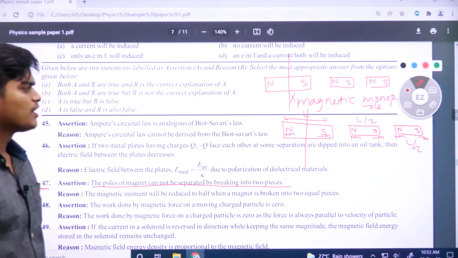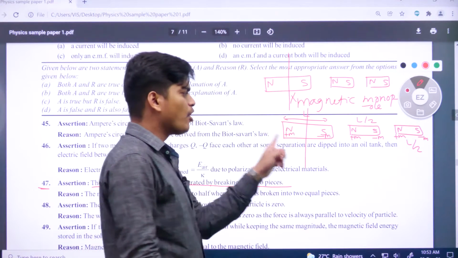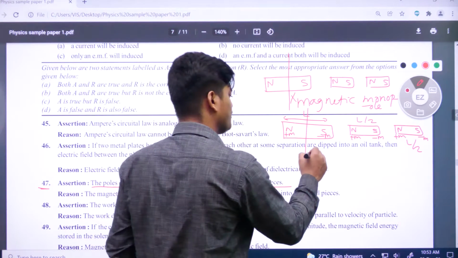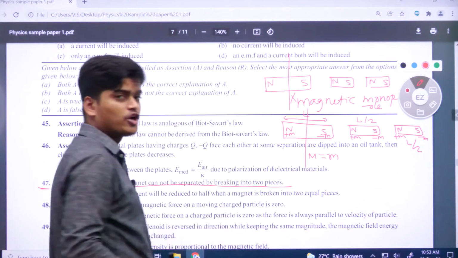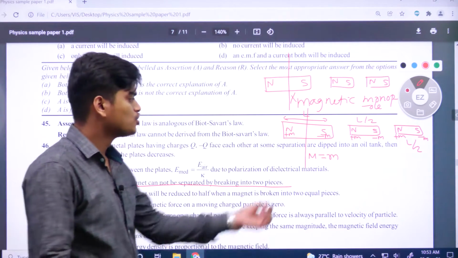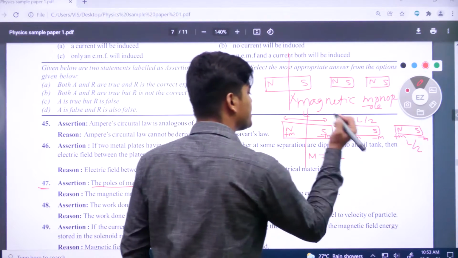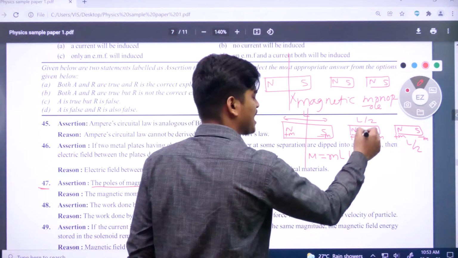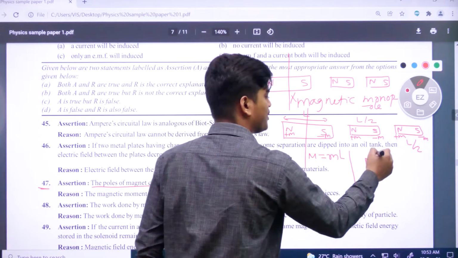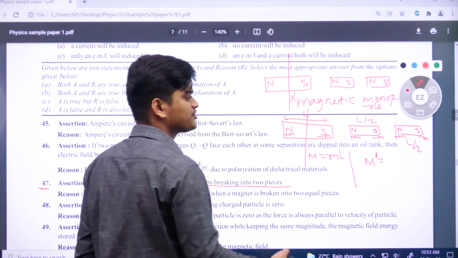Now understand. If I calculate the magnetic moment here, how much is it? That is capital M, the pole strength, plus M is the north pole strength, into the total distance L. And for these two pieces, I am giving the magnetic moment as M prime. How much is M prime?